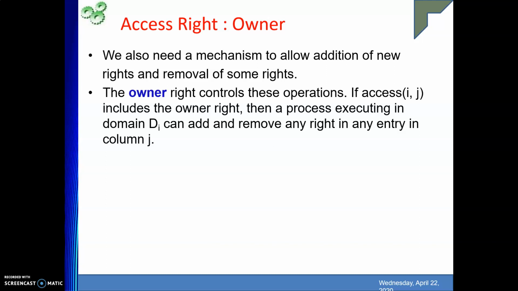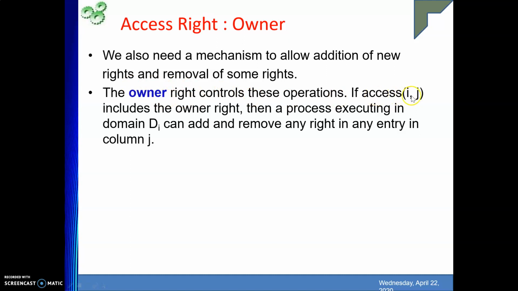Then next, another special access right is there: owner. We also need a mechanism to allow addition of new rights as well as removal of some rights. We need to modify them. Then the owner right comes into play.